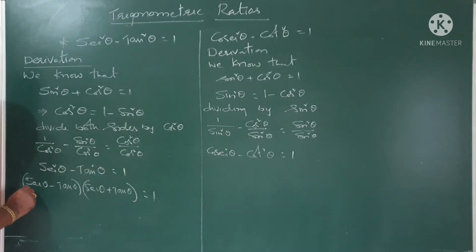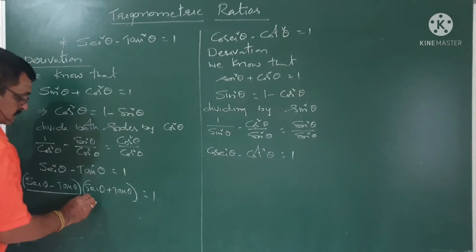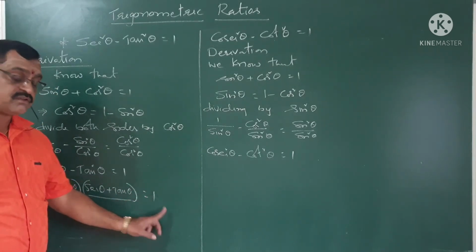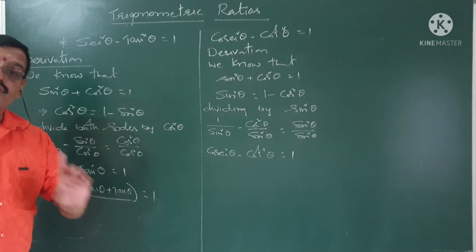Now, this is a real number, and this is a real number. The product of the two numbers is 1. That means they are reciprocals of each other.